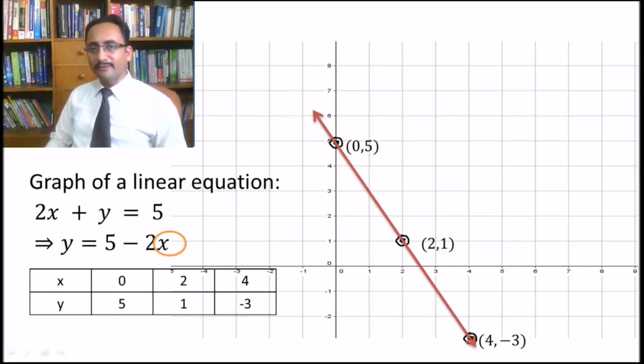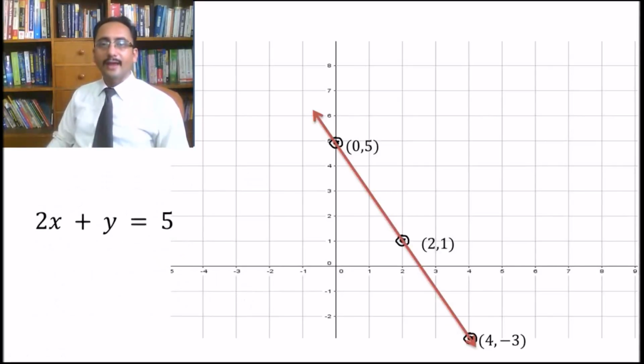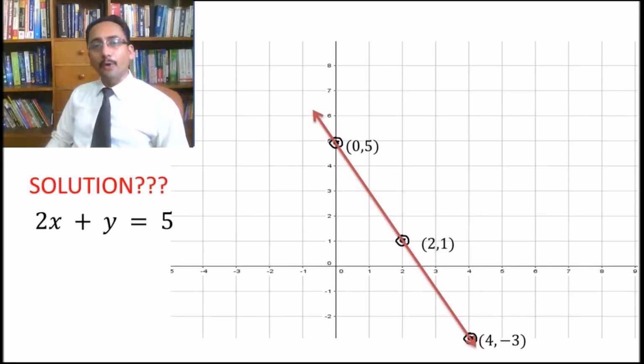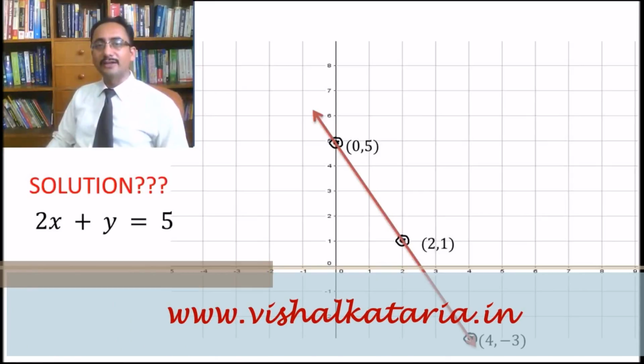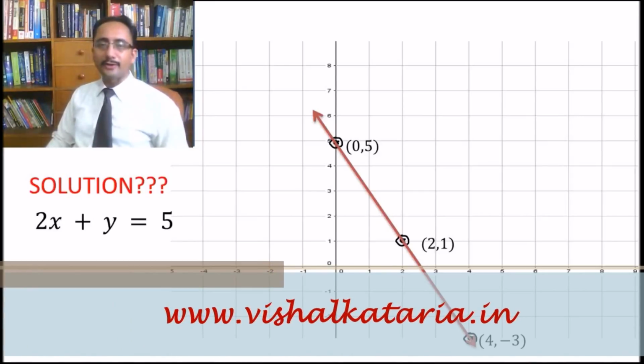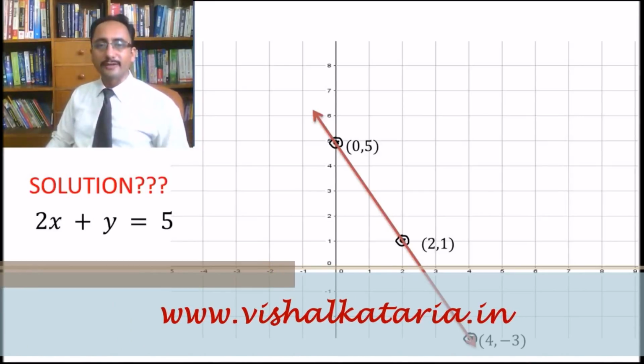So whenever we plot the graph of any linear equation in two variables in a Cartesian coordinate system, we will obtain a straight line. And since every point on this line satisfies the given linear equation, every point on the line is a solution of the given linear equation.